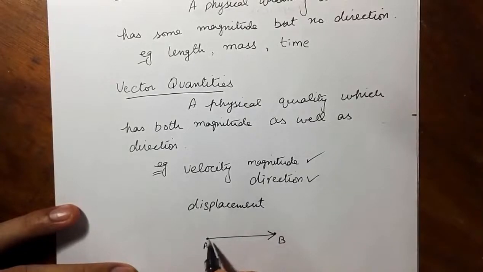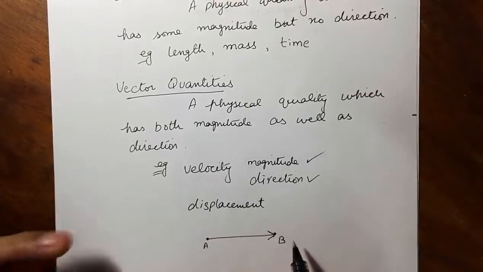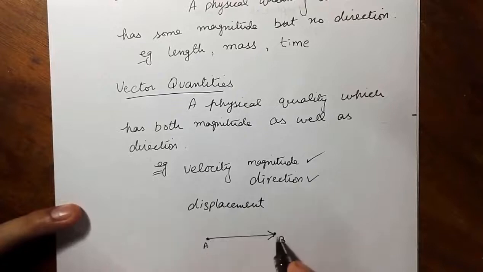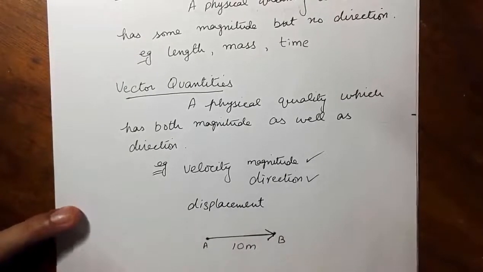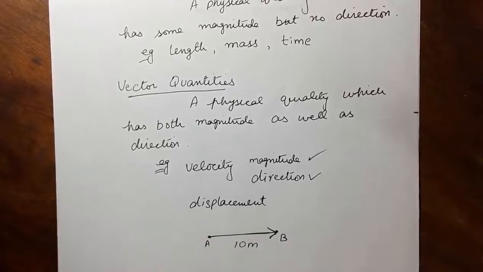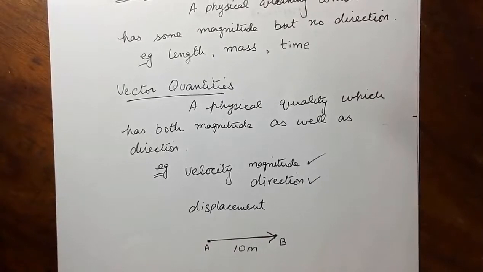So there is a particular direction from A to B, so it has both magnitude as well as some certain direction. So we can say the displacement between A and B is, let's suppose, 10 meter, and direction is heading towards B from A. So this is the example of a vector quantity.